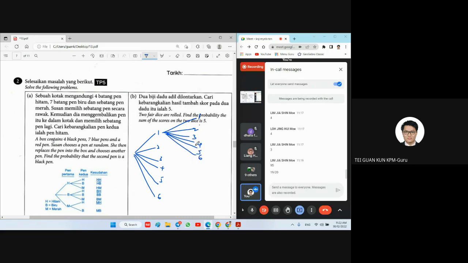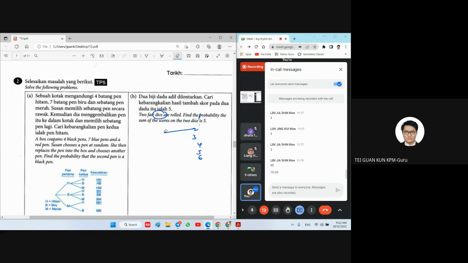So leceh. So it's not advisable lah you use the tree diagram for these questions. Tapi untuk coin senang. Untuk coin boleh lah. Sebab untuk coin dia hanya ada 2 outcome sahaja. So untuk coin tu kita akan guna tree diagram. Tapi kalau untuk dice, lebih baik kita guna table lah.